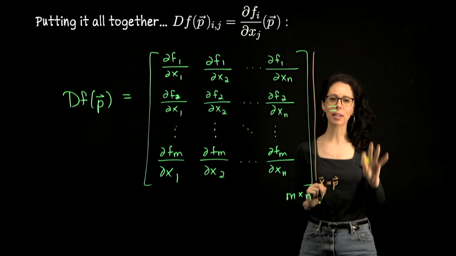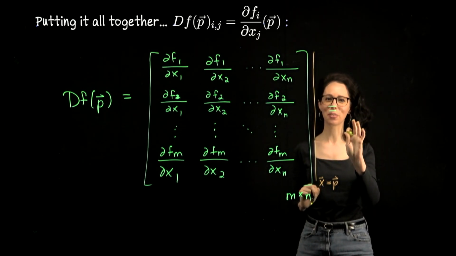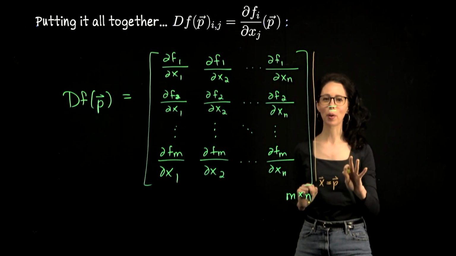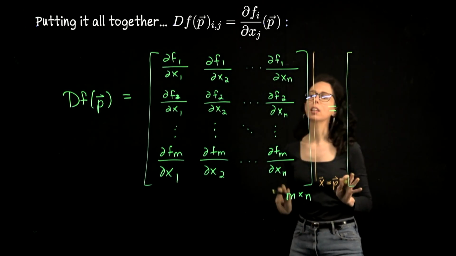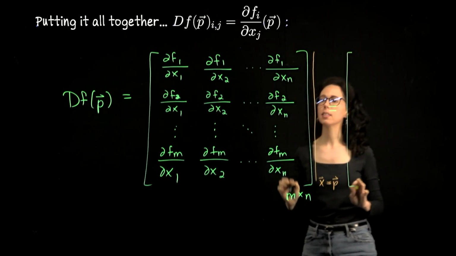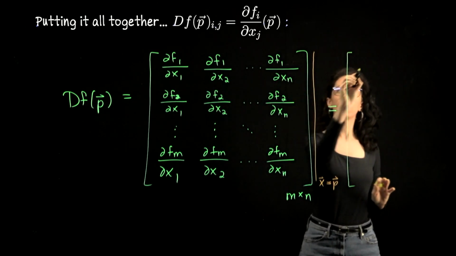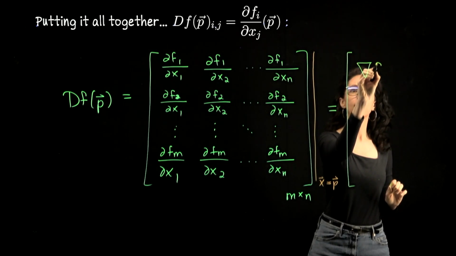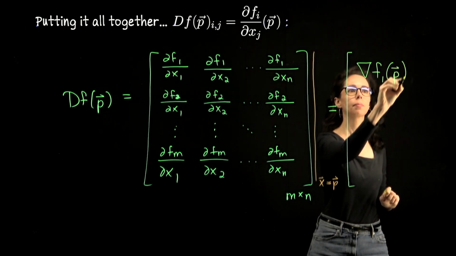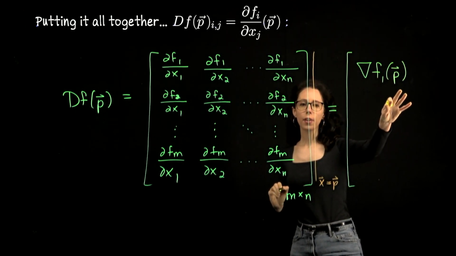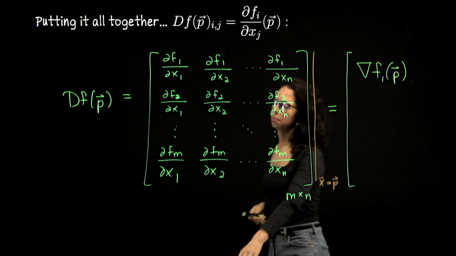So I'm going to start to write something, and then I'm going to fix it. If you know what I should be writing, just wait one moment. I will write it correctly. So if you want to write this matrix in a more condensed way, the coordinates of this row look like the gradient of the first coordinate function evaluated at P. However, let me fix this.